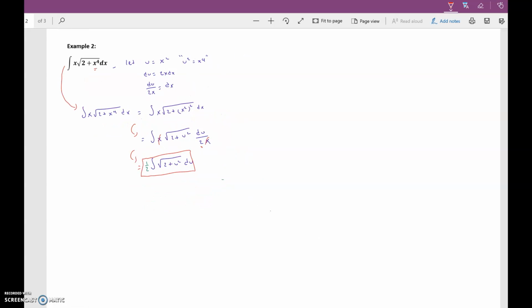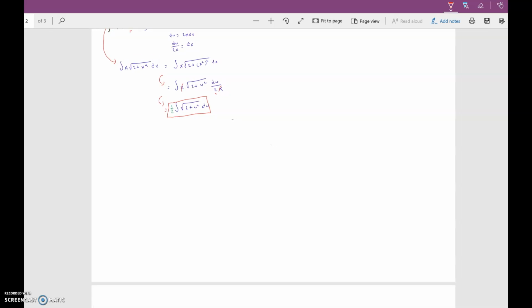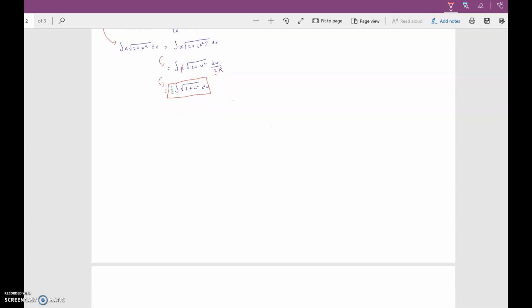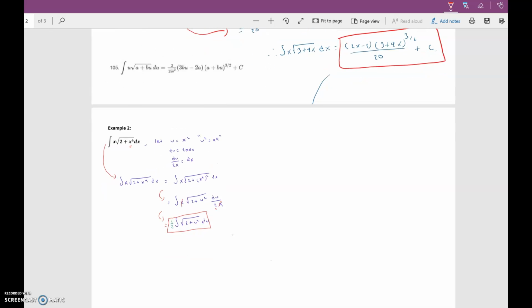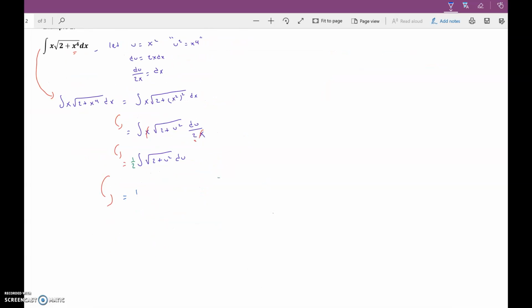So in order to use this formula, you have to make sure that it actually fits. And notice that you have a 2 plus u to the second. The formula has an a squared. So maybe we just have to take this one more step. This is equivalent to 1/2 the integral of the square root of 2 squared plus u squared du.